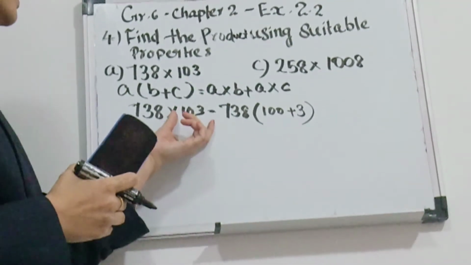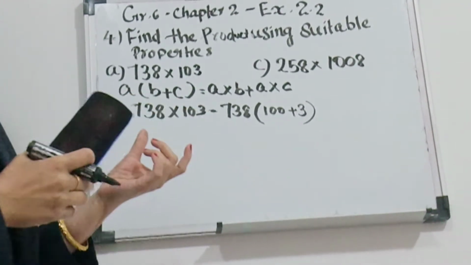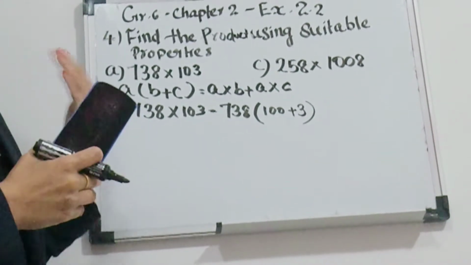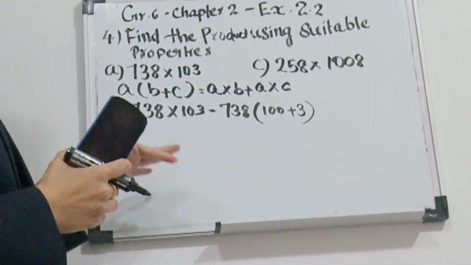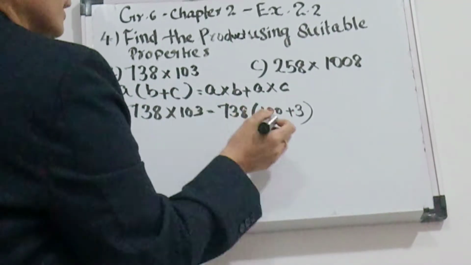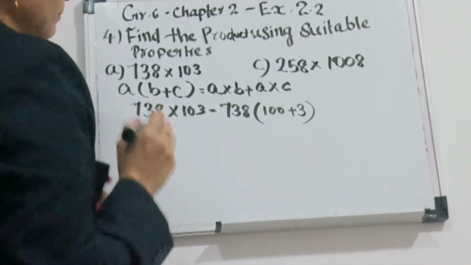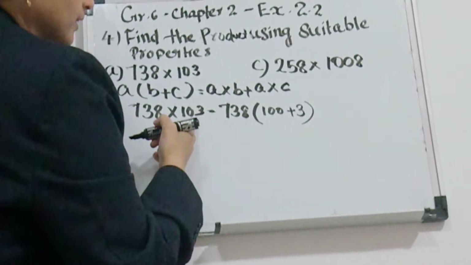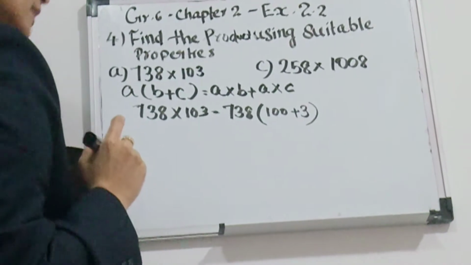We changed only 103 as 100 plus 3, because for easy calculation, you change whichever one is easy for you. Here 103 you can write as 100 plus 3 and the multiplication by 100 is very easy. That's why we changed 103 into 100 plus 3.